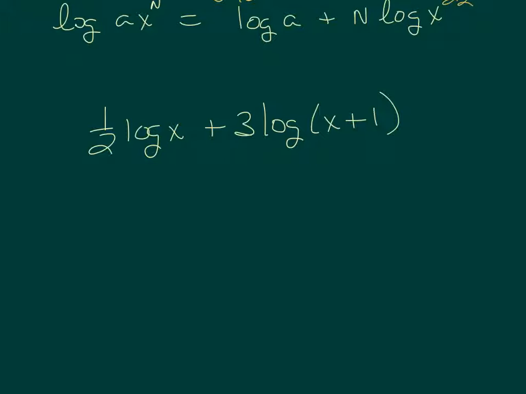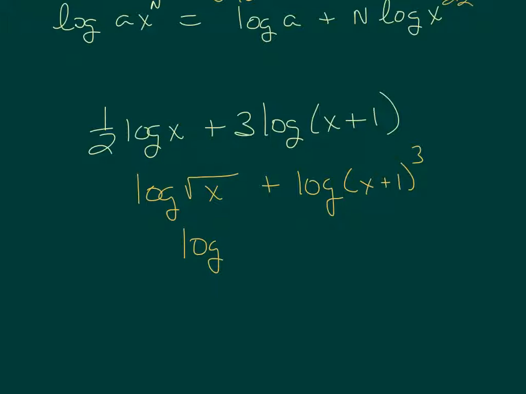Well, first you have to make, would it be log of square root of x plus log of x plus 1 to the third? You can do log of the square root of x plus the log of x plus 1 cubed, and then what? Then it would be log of the square root of x times x plus 1 to the third.